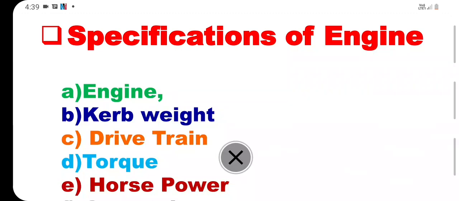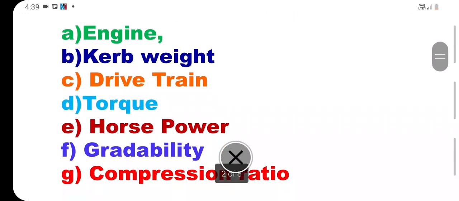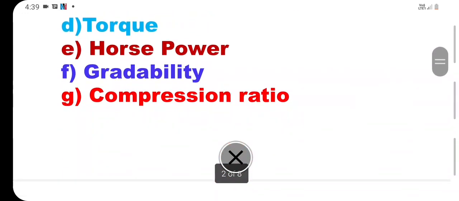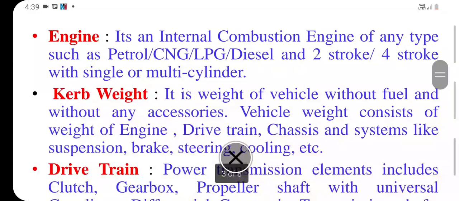Engine specification: curb weight, drivetrain, torque, horsepower, gradability, compression ratio. The engine is one of the power sources of the vehicle.